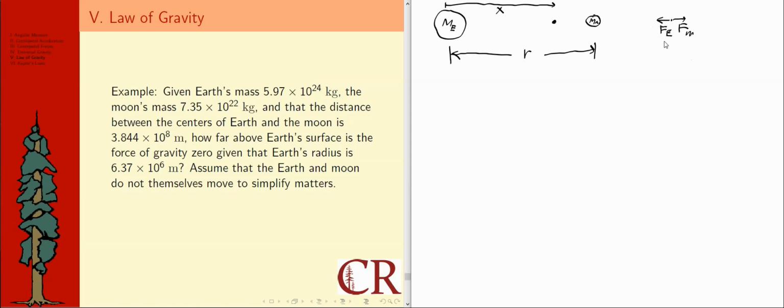And the idea, of course, is that if the net force on this object is equal to 0, that suggests that this pull of Earth's gravity should be equal. I think this makes sense, right? The spot where essentially there's 0 gravity is going to be where the pulls of gravity due to the Earth and the moon, respectively, are equal in magnitude to each other but in opposing directions.